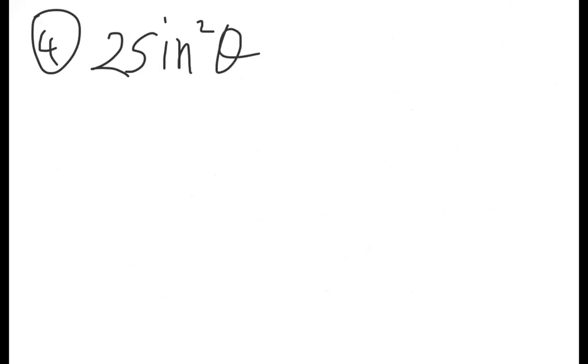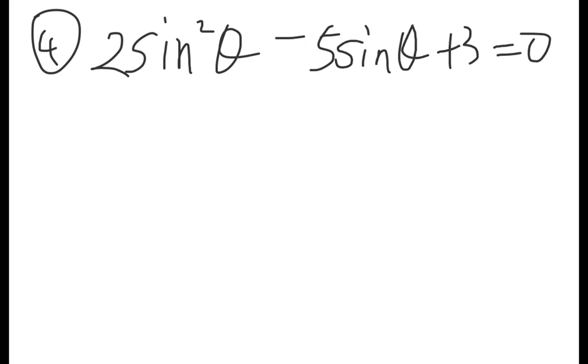Number 4, you have a rather complicated equation. 2 times sine square minus 5 sine theta plus 3 equal to 0.